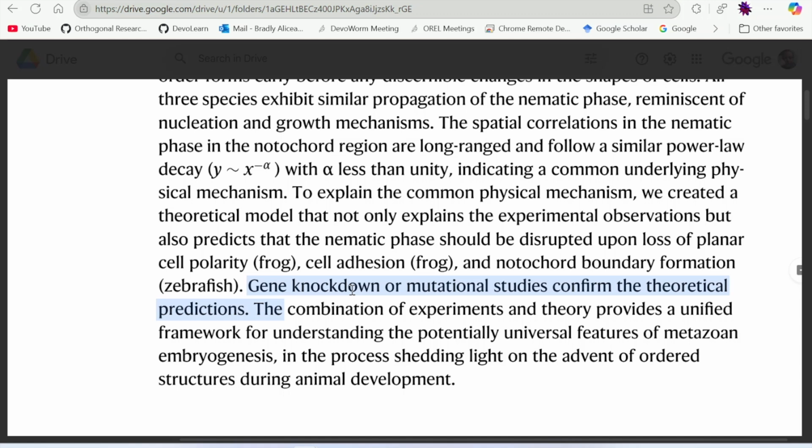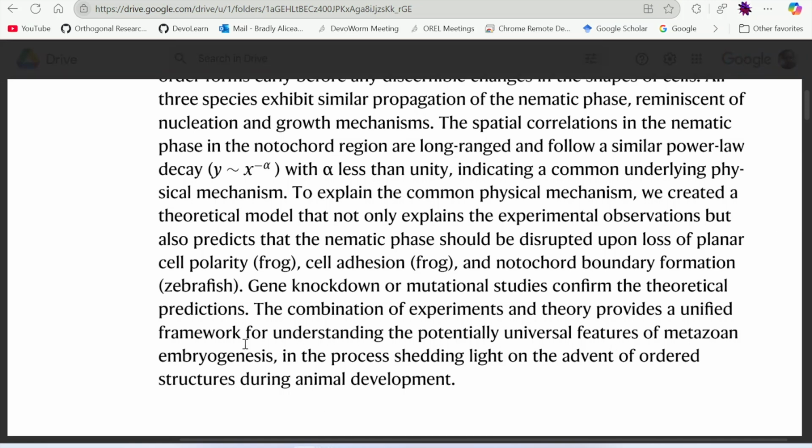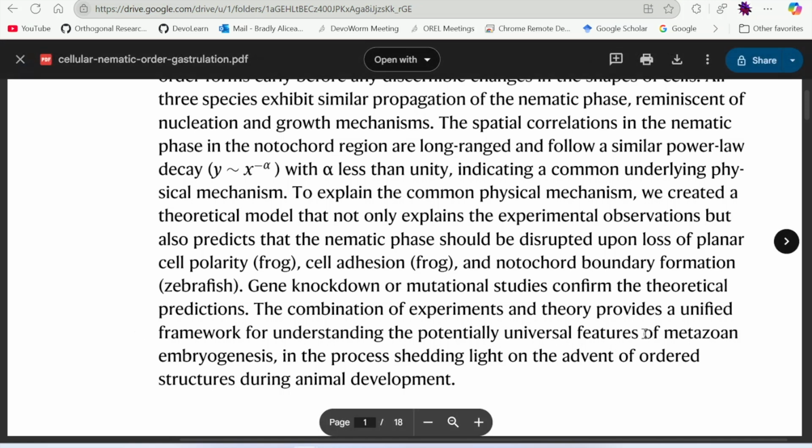All those things can be disrupted using either defined mutants or some sort of knockdown strategy. And this confirms what their theoretical model suggests. The combination of experiments and theory provides a unified framework for understanding the potential universal features of metazoan embryogenesis. So this is something that you'll see across animal embryos.